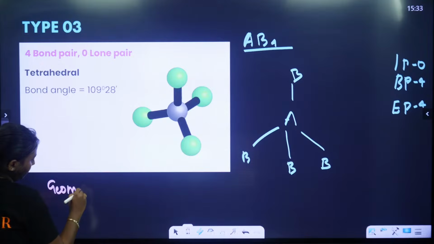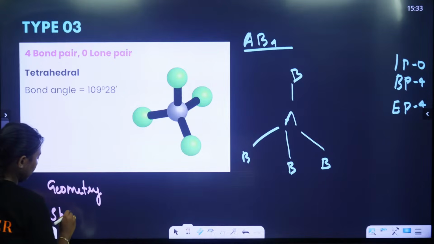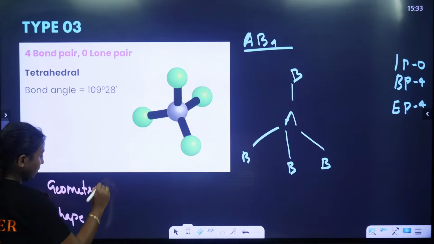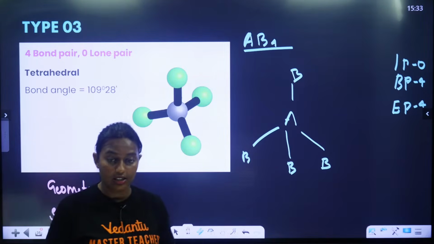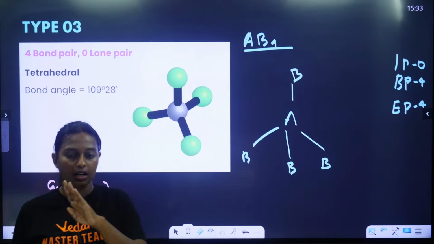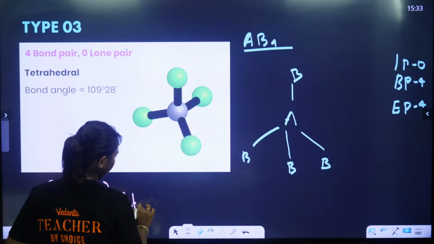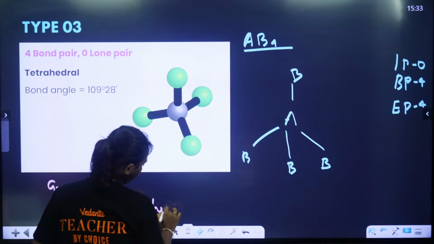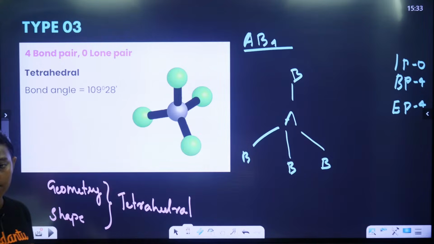Geometry and shape is same, that is tetrahedral. Tetra, so 4 is there. So here I am writing tetrahedral. Is it clear?